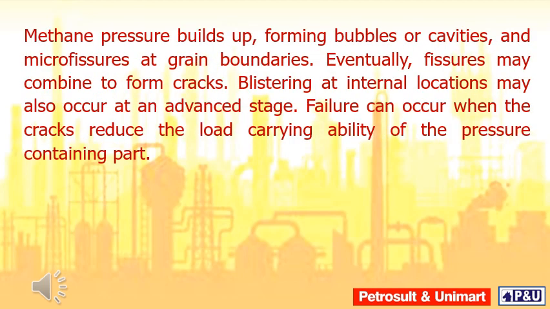Methane pressure builds up, forming bubbles or cavities, and microfissures at grain boundaries. Eventually, fissures may combine to form cracks. Blistering at internal locations may also occur at an advanced stage. Failure can occur when the cracks reduce the load-carrying ability of the pressure-containing part.